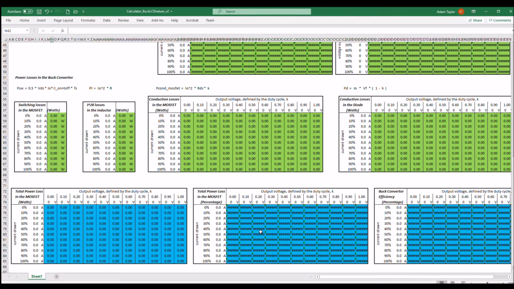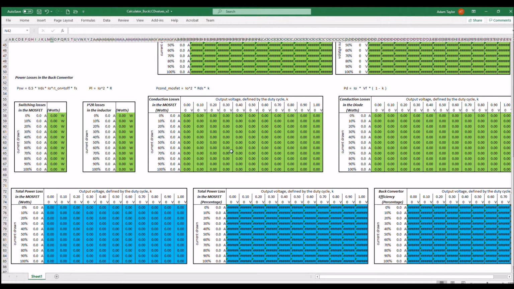Then they're expressed as a percentage of the output, and it works out the efficiency based on that. The reason these are fairly large tables is because all of these are done for differing input conditions. Here we've got a duty cycle of 0 all the way up to a duty cycle of 1, so we'll have maximum voltage at the output, and here we've got from 0 current all the way down to maximum rated current.